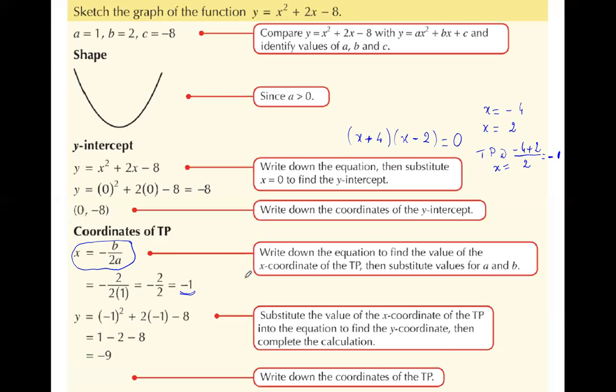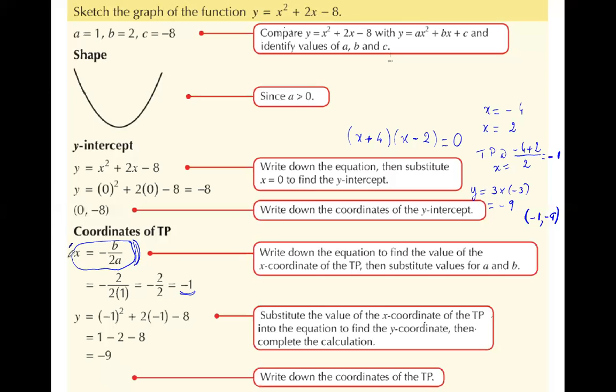And when x equal negative 1, y equal, so you can do minus 1 plus 4, that's 3, times negative 1 minus 2 times negative 3, and that is negative 9. So you've got your turning point here, minus 1 and minus 9, without having to remember a formula.